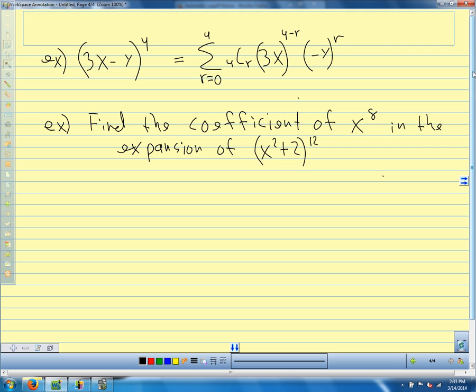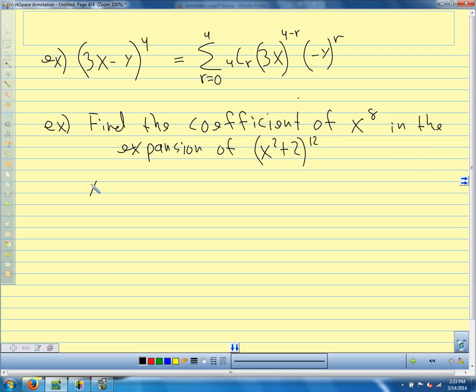If we were to do this the only way that we knew how before, we'd have to start multiplying all these parentheses out. We'd have 12 parentheses and figure out what the number was in front of x to the 8th. Well, with the binomial theorem, we can shortcut that.